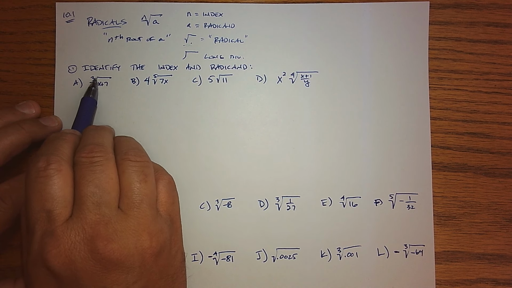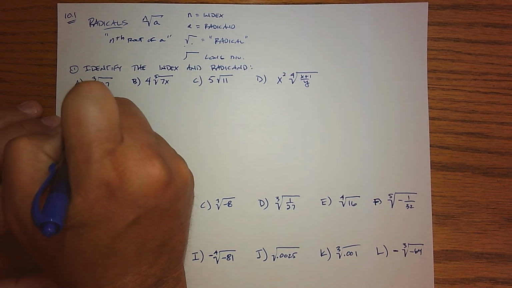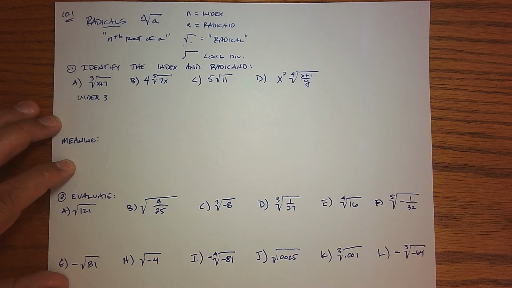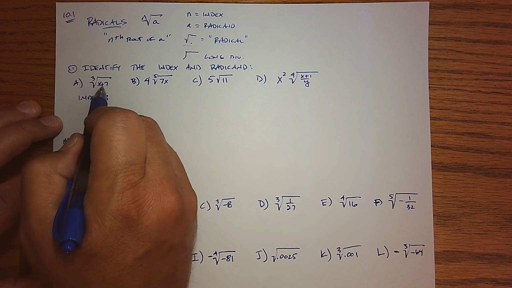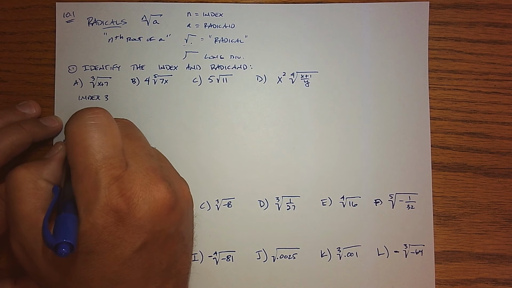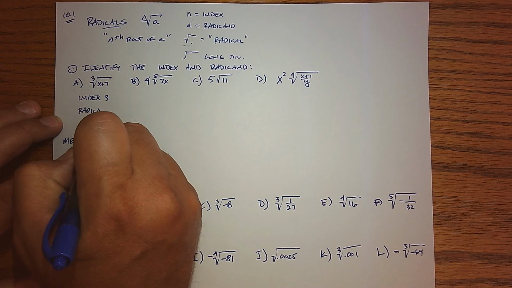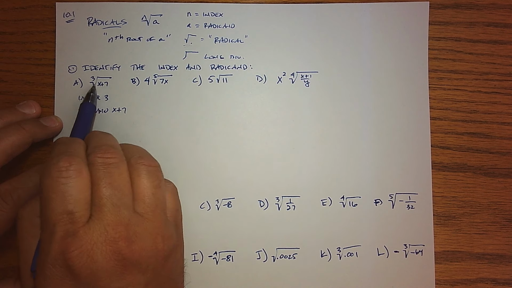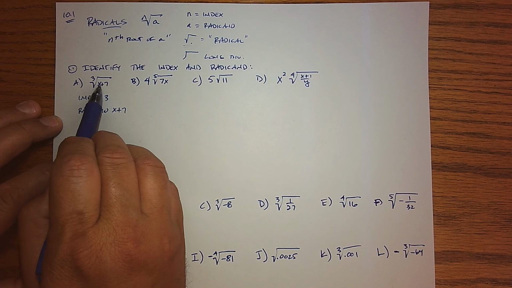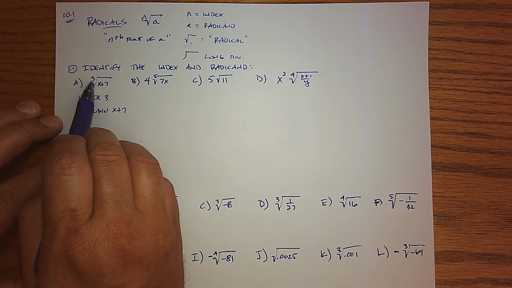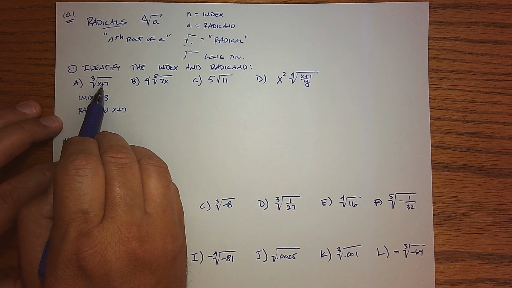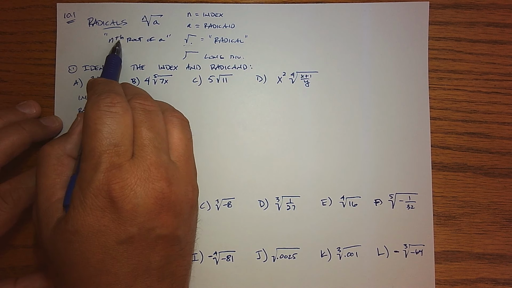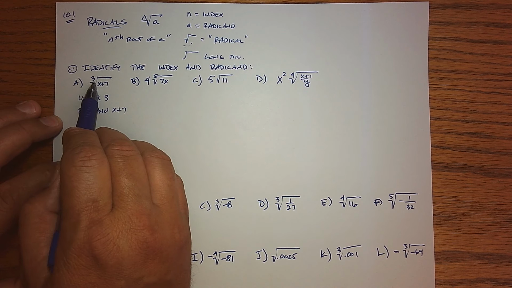The number in its little arm, the index in this case, is 3, and the radicand, the item inside of it, is x plus 7. So we're putting the expression x plus 7 inside the radical with an index of 3. We literally read this as the third root of x plus 7, or a cube root.